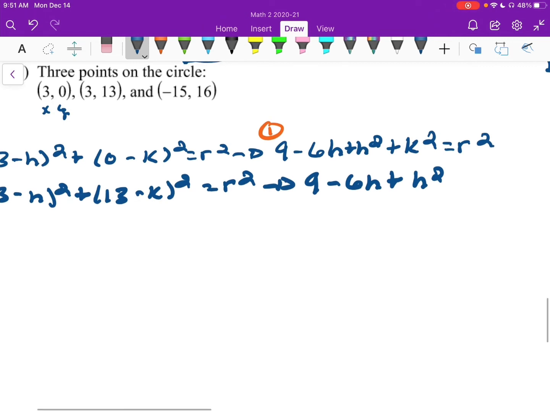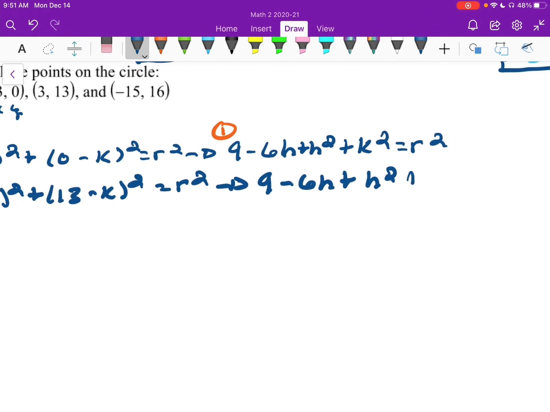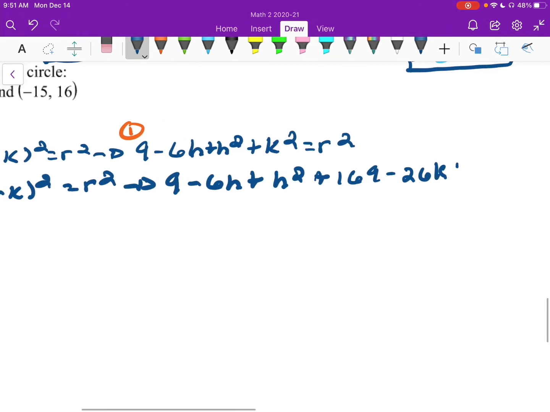So 9 minus 6h plus h squared plus, now I'm to my 13 minus k squared piece. So 13 squared is going to be 169 minus 26k plus k squared equals r squared.